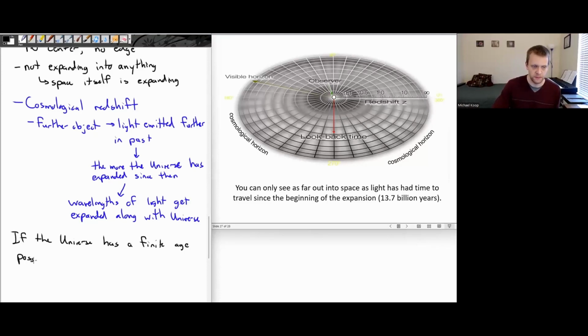So it's possible that extremely distant objects are so far away that their light has not had time to reach us.